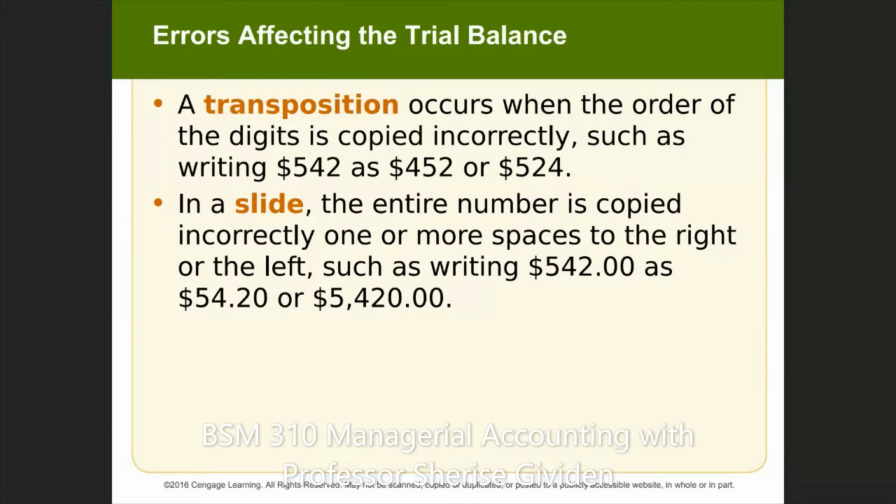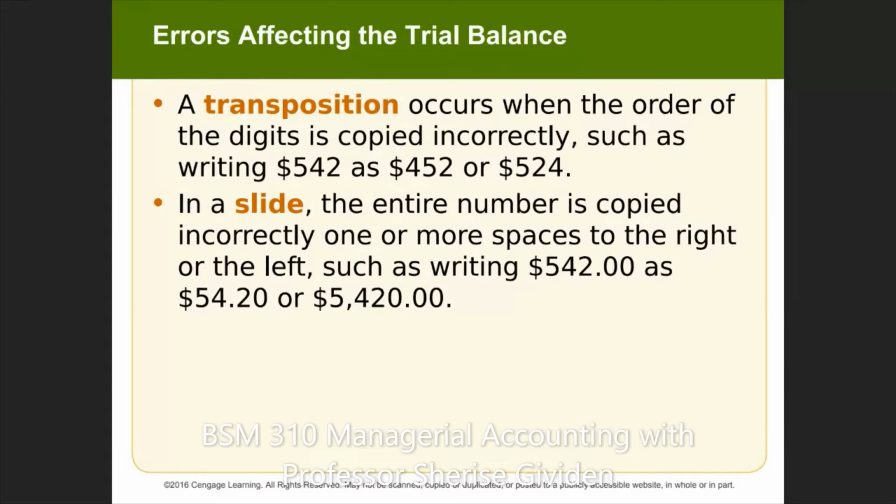And then, in a slide, the entire number is copied incorrectly. I see this sometimes too, someone might copy a number and there's a space there. And when you paste it somewhere else, it may turn that space into a 0. Or with Excel, there are different ways to format things, and Excel is heavily used in anything related to business for the most part.